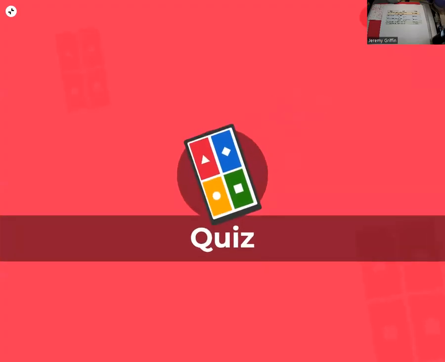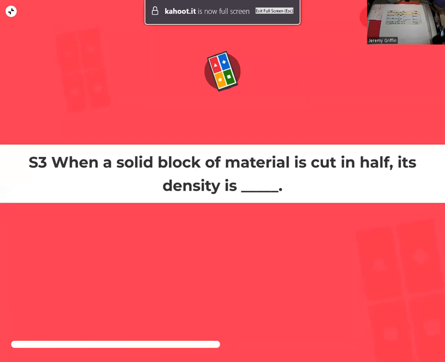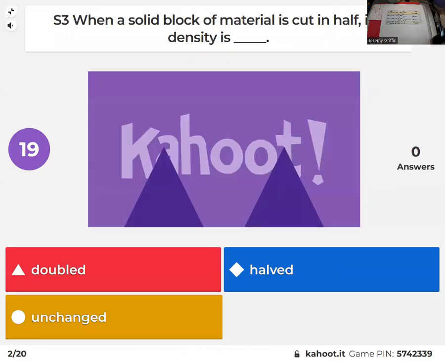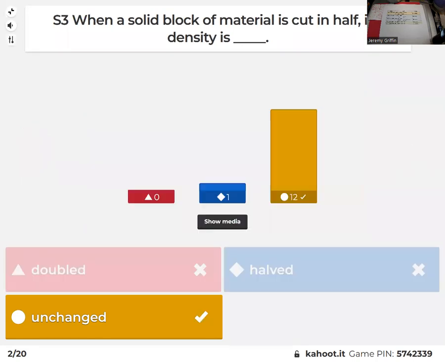Hey, what would happen if you take a solid block of material and cut it in half? What happens to its density? There you go, unchanged.